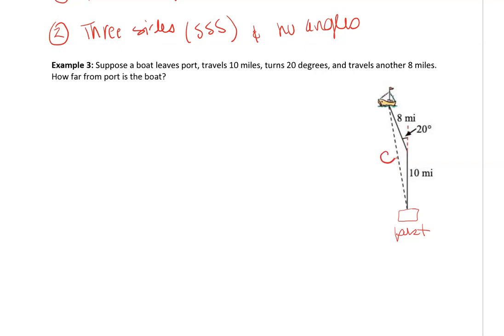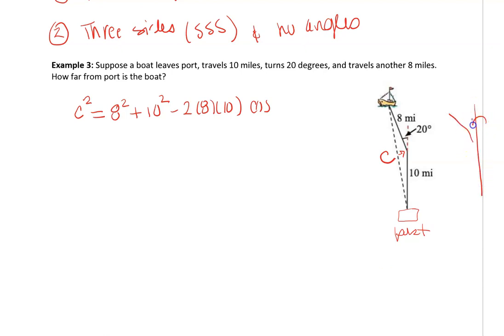And so I'm going to say, you know what? If I call that C, then I'm going to say C squared is going to be equal to, you square one side plus square the other side minus 2 times, multiply the sides together, cosine of the angle opposite the side you need. So we are going to have to figure out that angle. And let me draw this a little bit bigger.